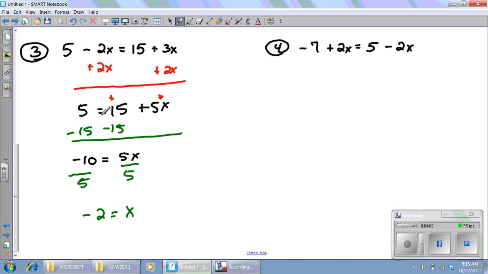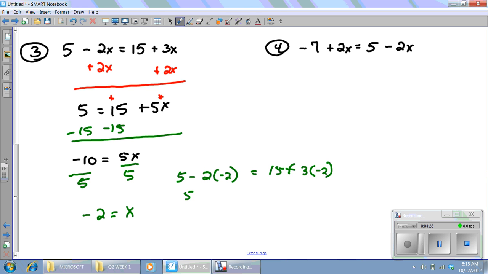To check it, I'm going to have 5 minus 2 times negative 2 on the left-hand side, and the right-hand side is 15 plus 3 times negative 2. The left-hand side will be 5 minus, I'm making a mistake there, sorry about that.